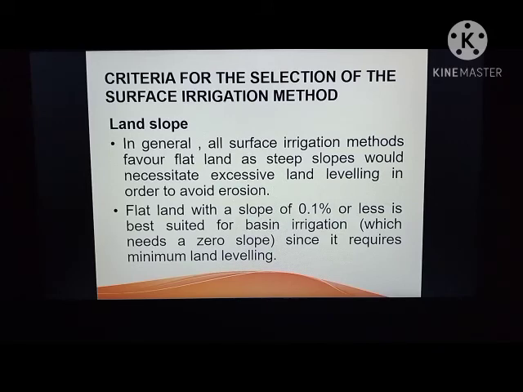Flat land with a slope of 0.1 is best suited for basin irrigation, since basin irrigation requires minimum land leveling, and basically this method has zero slope.